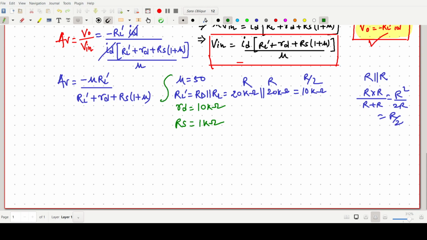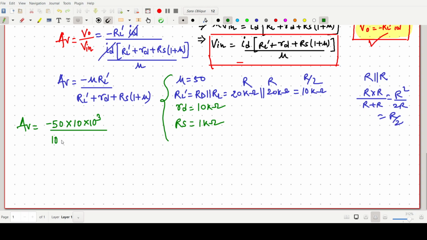So we have all other parameters, so we can simply find the value of AB as minus mu, so minus 50 into RL dash. RL dash we have already found as 10 kilo ohm. So I am writing minus 50 into 10 to power 3, kilo.